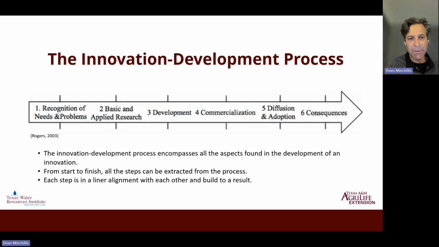It is a building process from the beginning, recognizing that there's a need or a problem, all the way to the very end, the consequences of actually solving that problem or addressing that need, and all of the steps in between.